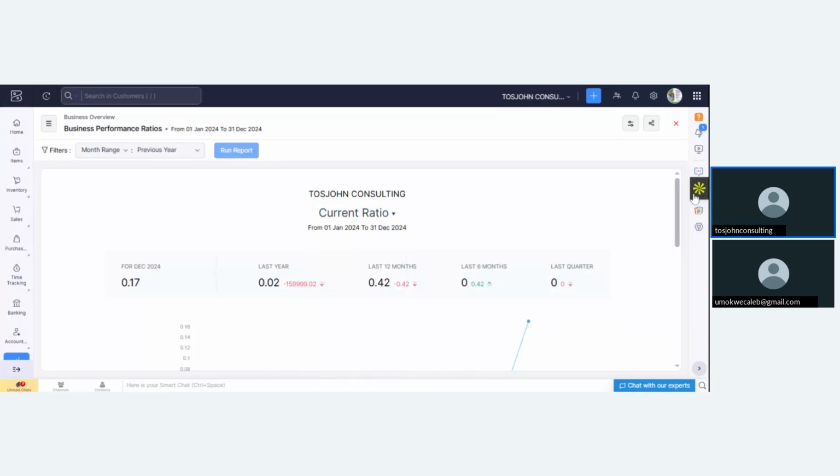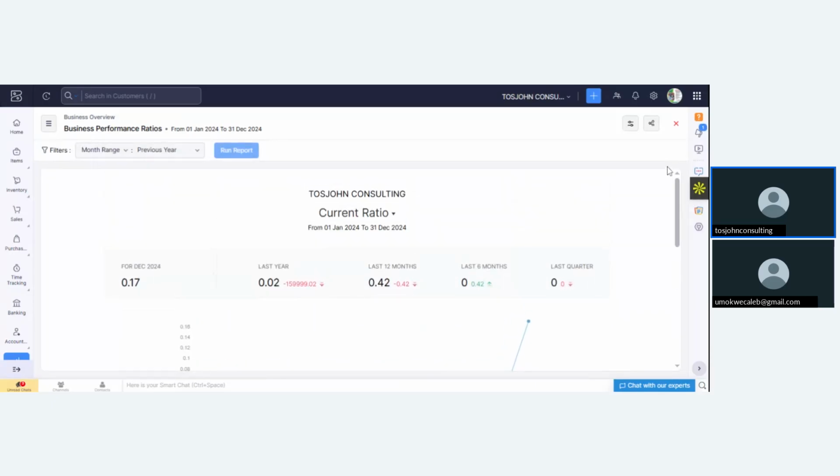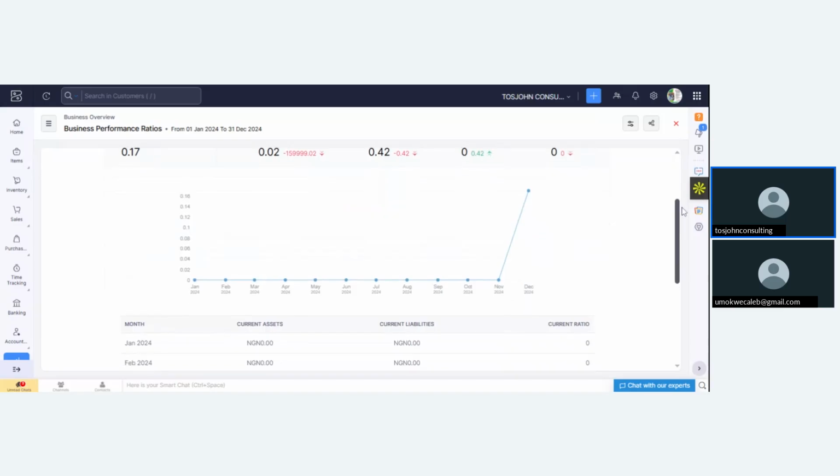Under the current ratio, the ratio is just to see the relationship between this and this, between assets and liabilities. Your assets must be more than your liabilities. Of course, what you own must be more than what you owe, right? Because if it is the other way around, if what you are owing people is more than what you have, there will be a problem. That's why many businesses will liquidate, will go out of business. So this is the current ratio.